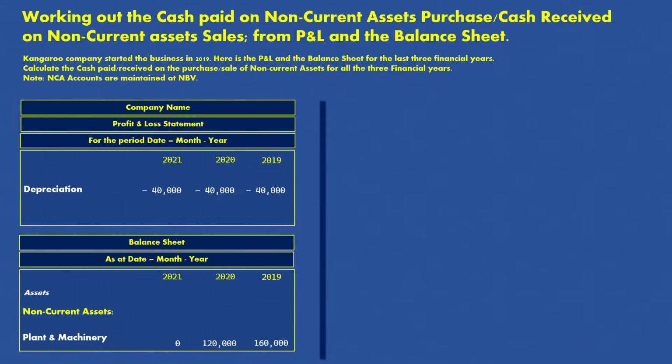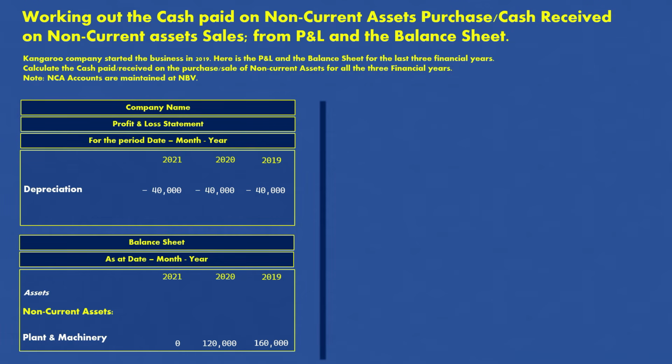And then we have the balance sheet, in which you can see that you have this plant and machinery, which in 2019 was 160, then it became 120, and then it became 0. So let us start our workings from 2019, and the target is to find out what was the value of fixed assets that was purchased in 2019.